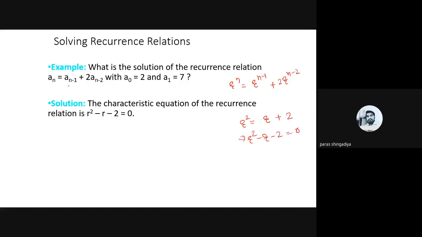Okay, this form will be considered as the r raised to n form, by putting an is equal to r raised to n in this equation.